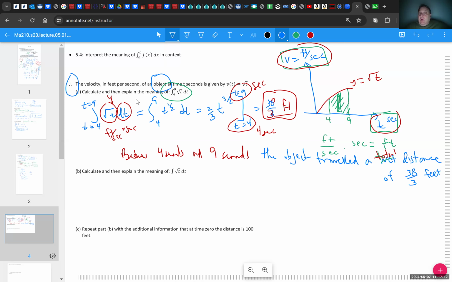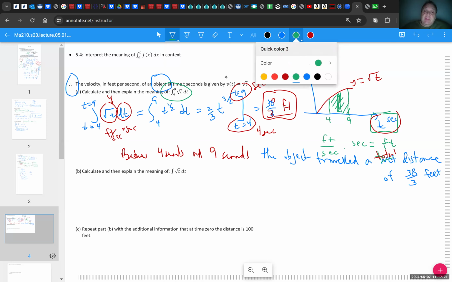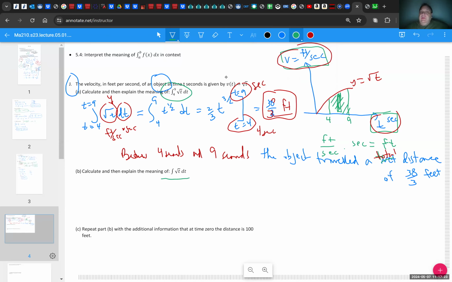I did want to contrast this definite integral with an indefinite integral. So before we do some more definite integral problems, I wanted to quickly do an indefinite integral. There are no numbers on the integral sign. This is just the integral of square root t dt, and this is no longer an area.